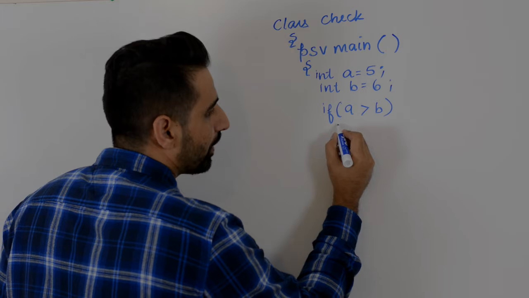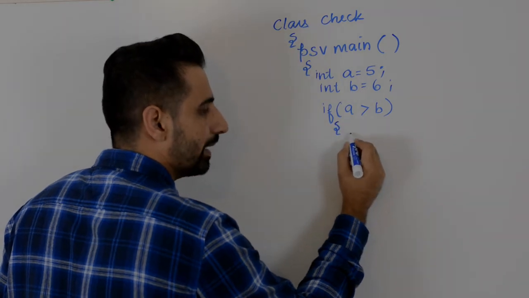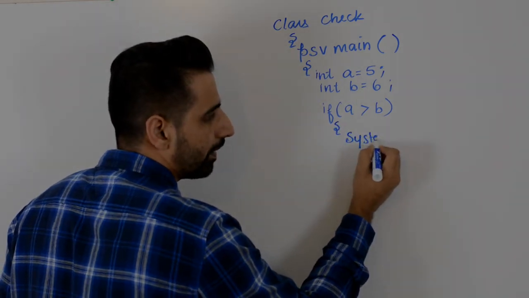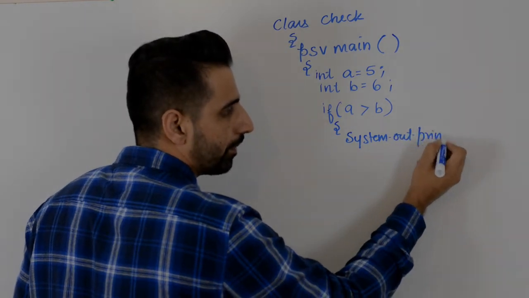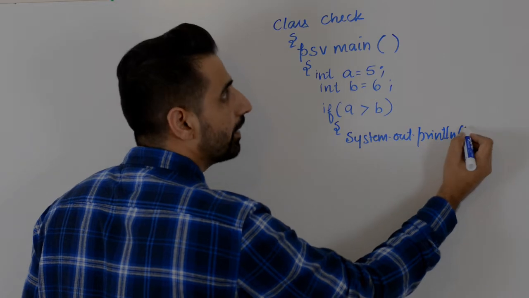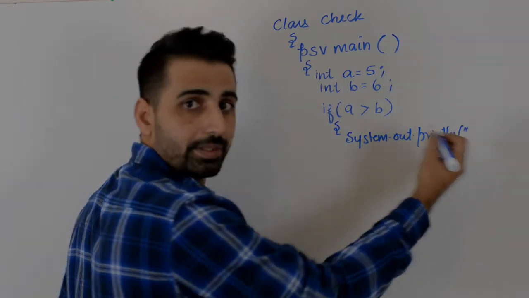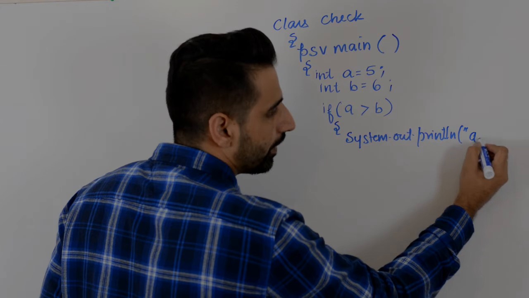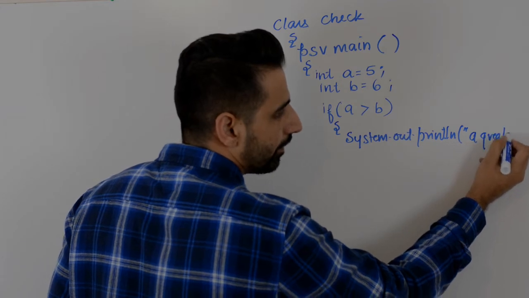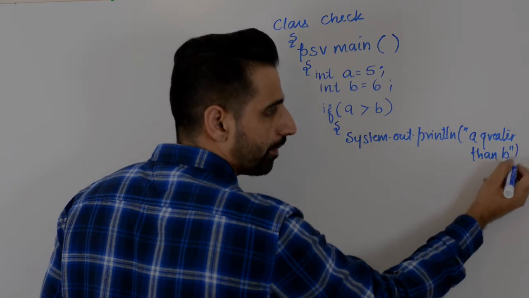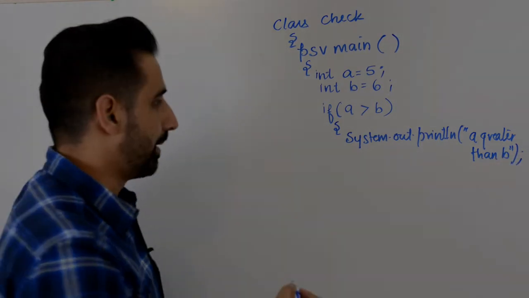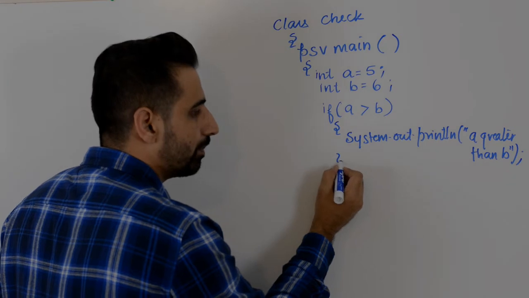Then I'll start an opening bracket and write System.out.println, and here I write A greater than B, and then I'll close this bracket.